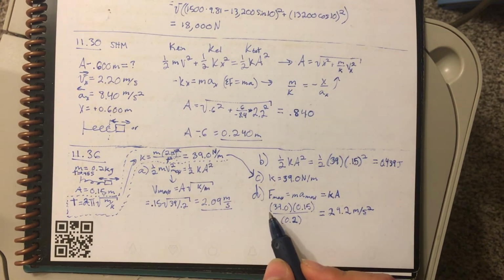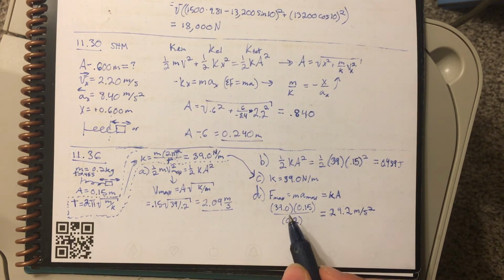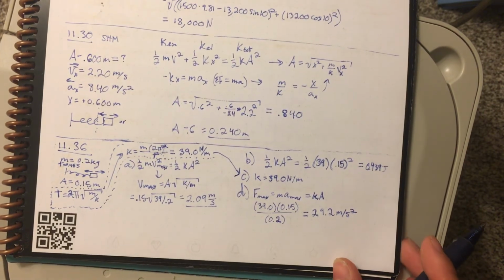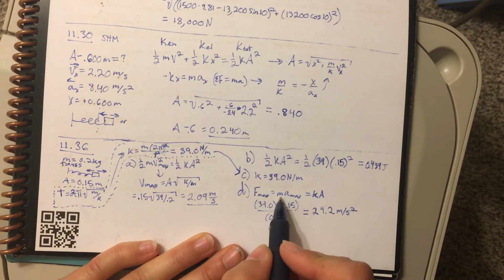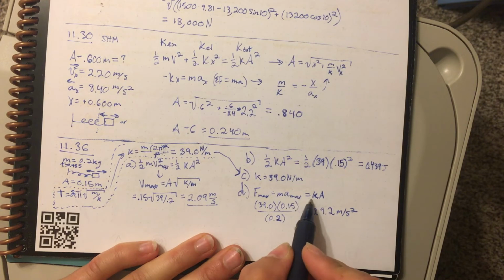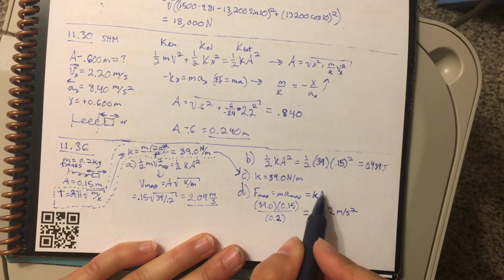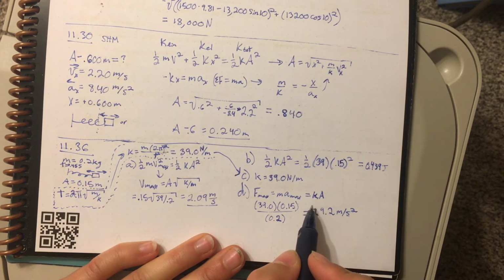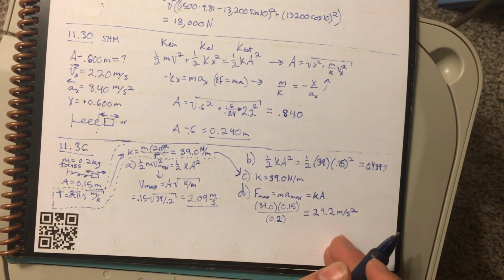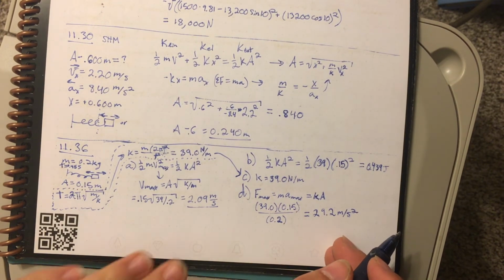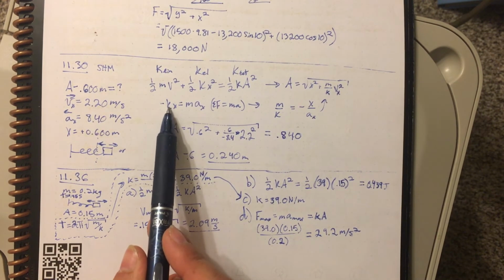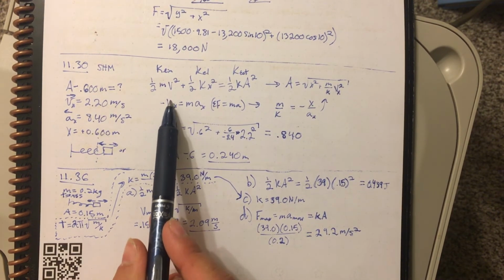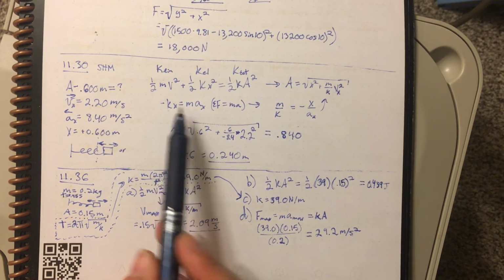And then D is asking for the maximum acceleration. So here just remember, force max is equal to the mass times acceleration max, which is equal to k times A. Because if you remember up here, force is equal to k times x.